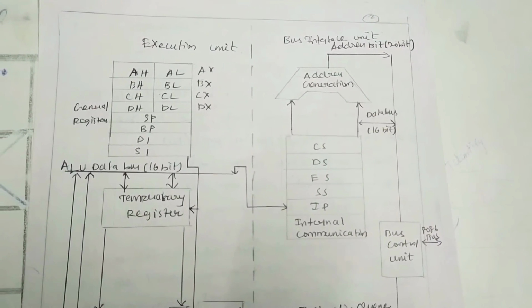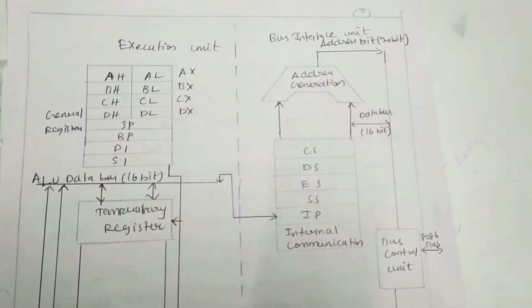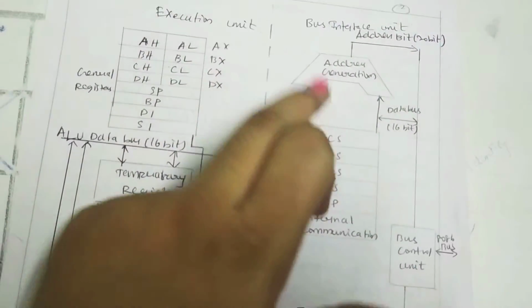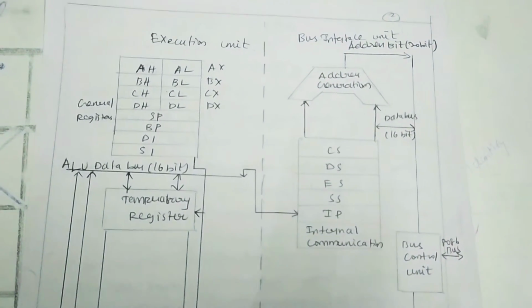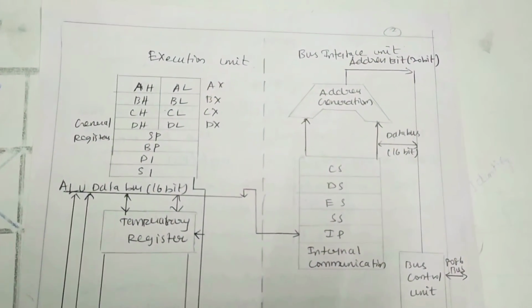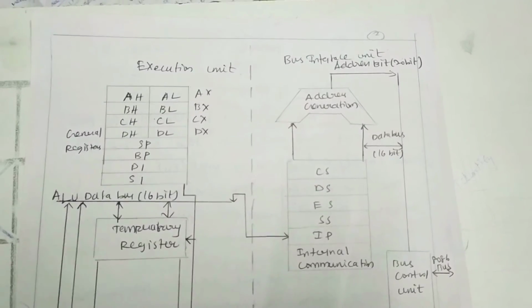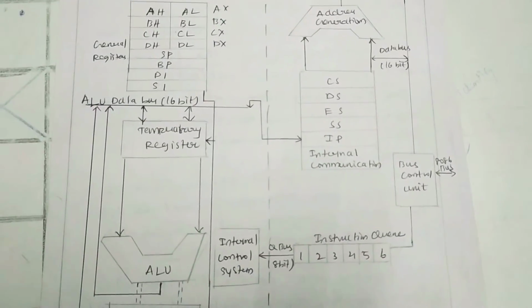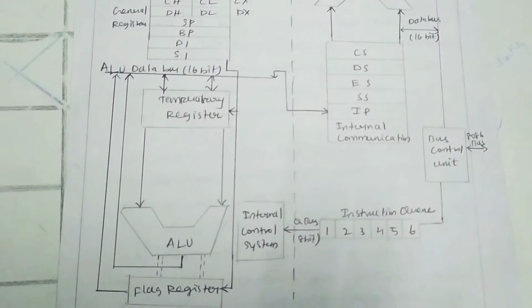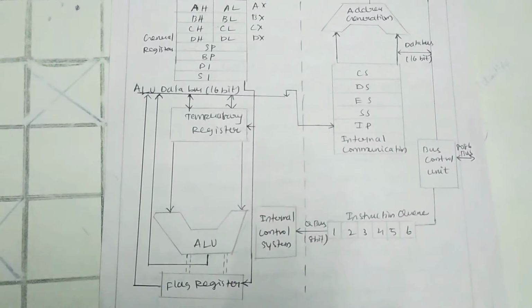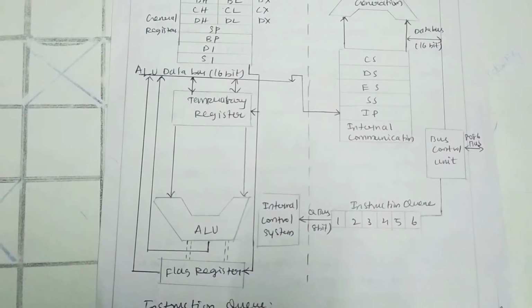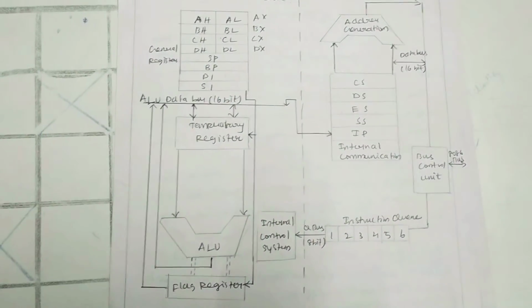Then the address is generated and sent to the address bus. The data bus is also provided, and the address bus has a 20-bit generator. Then the queued instructions come into the internal control system, and the process is taken over there.